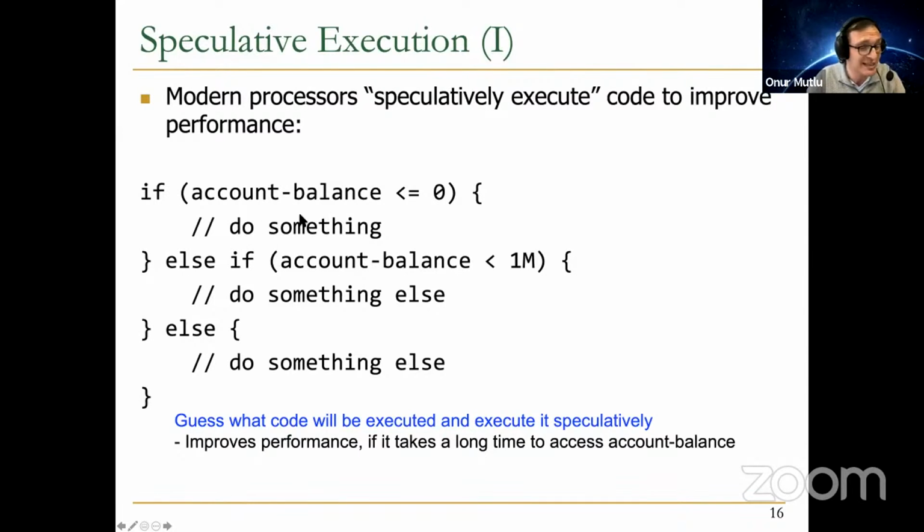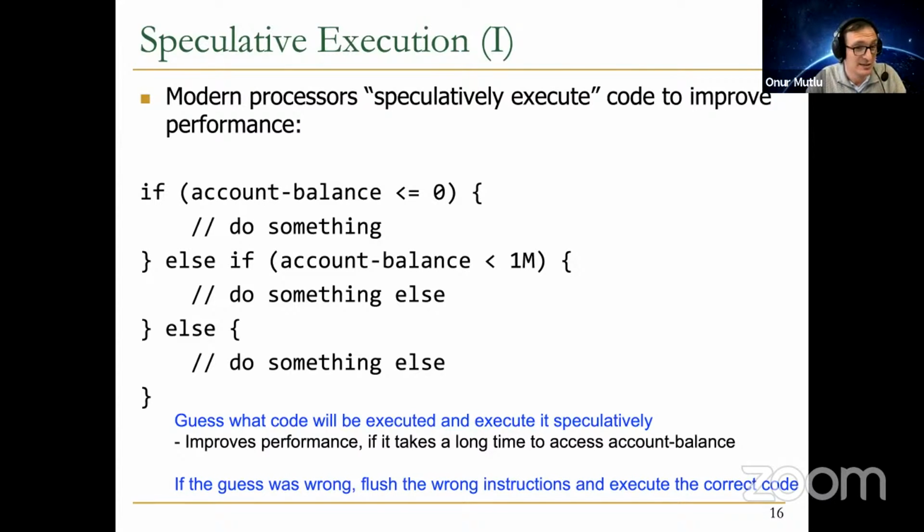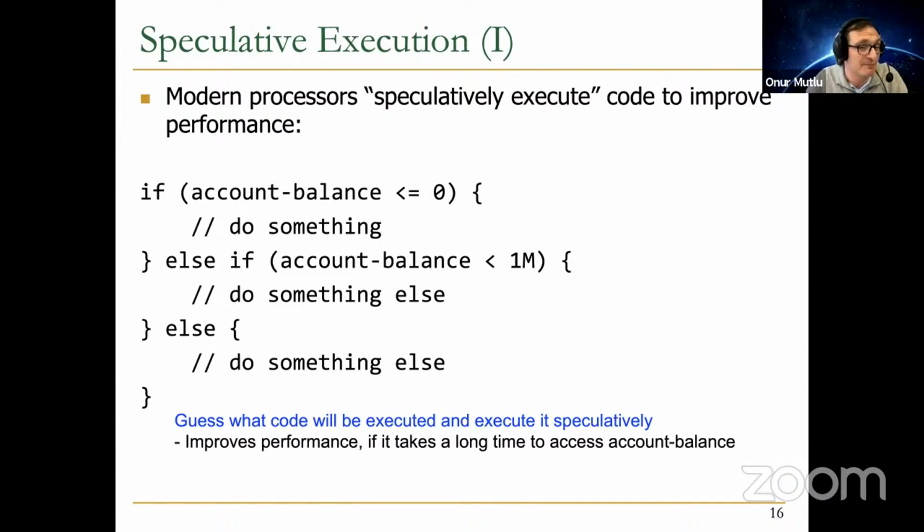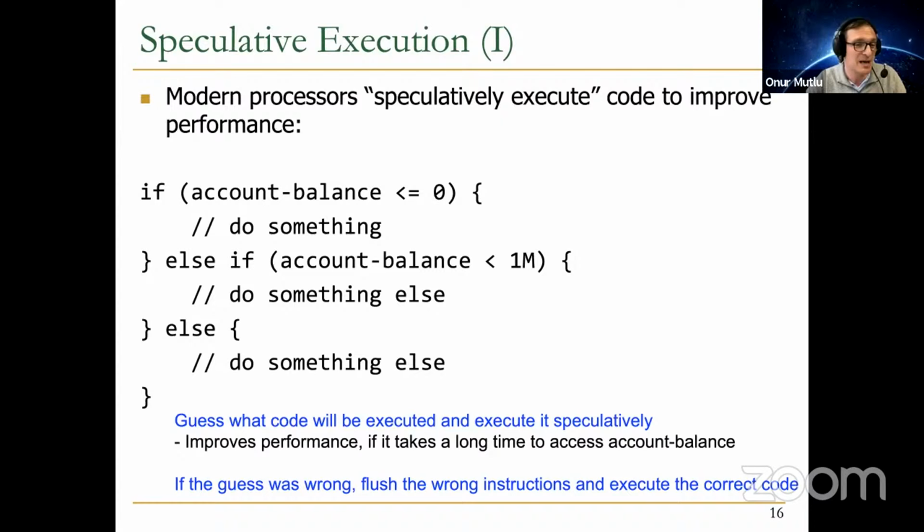Now, if the guess is correct, great. Basically, they've saved a lot of time. Instead of waiting for the account balance to come back from memory, because it takes a long time to access it, they've done something useful, and their guess was correct. But if the guess is incorrect, then there's a problem. They have to ensure that none of the instructions that they executed should take effect, because that's wrong, right?